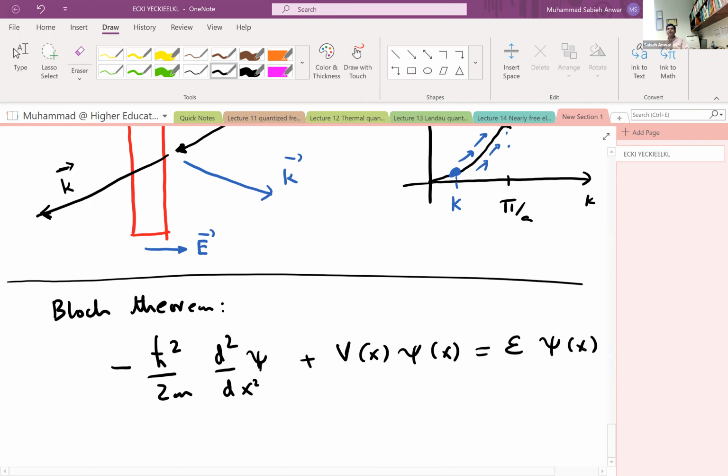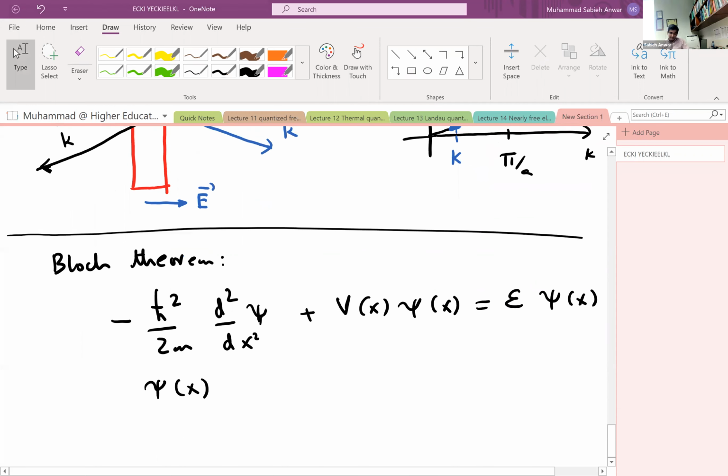Now the Bloch theorem states that whenever you have a periodic potential, the eigenstates can be written in a certain form. If the potential was just a constant, then the eigenstate is just a plane wave.